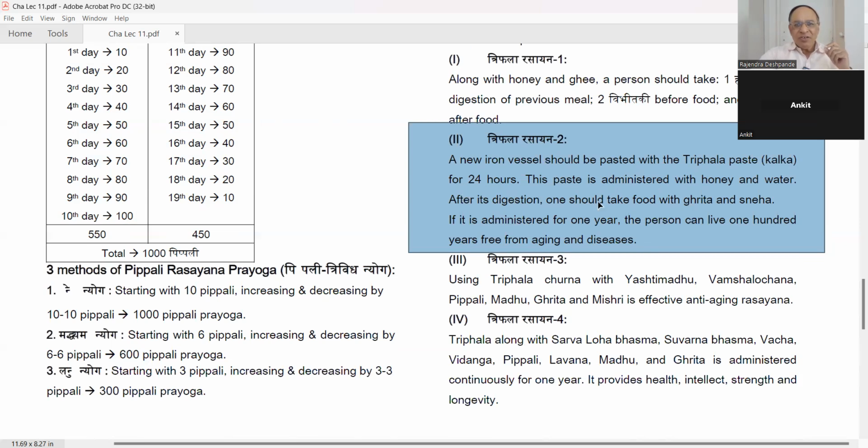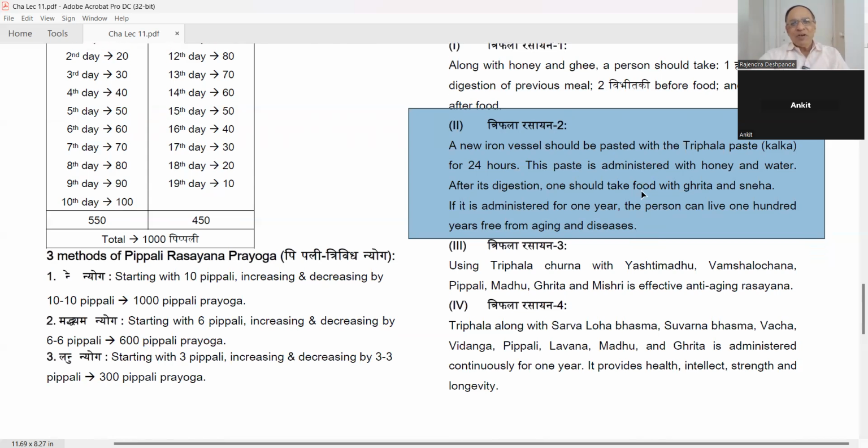After digestion, one should take food and ghrita and sneha. It is administered for 1 year. The person can live for 100 years. Shatayushi Bhava, free from aging and disease. This is explained by Charak. This many benefits are there, a long and healthy life. Then we will go further.